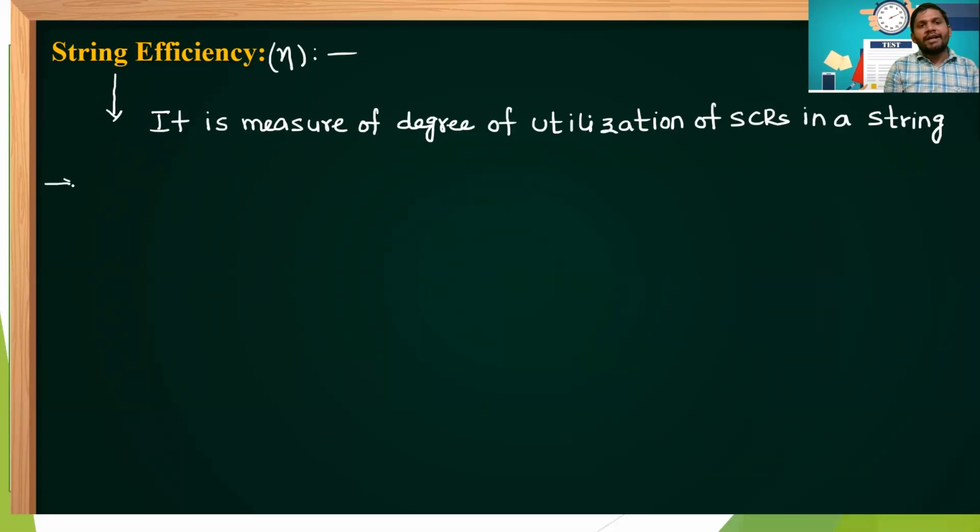Here I am writing the formula for string efficiency for series connected SCRs. Students, please concentrate and note down this formula, which is very important from a competitive point of view.